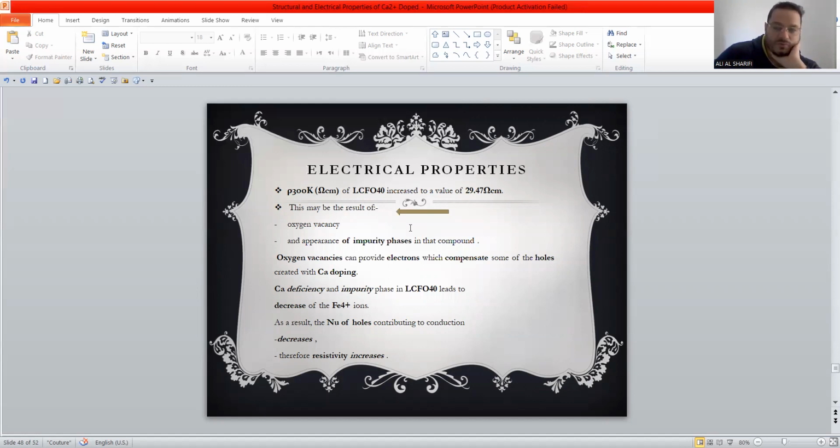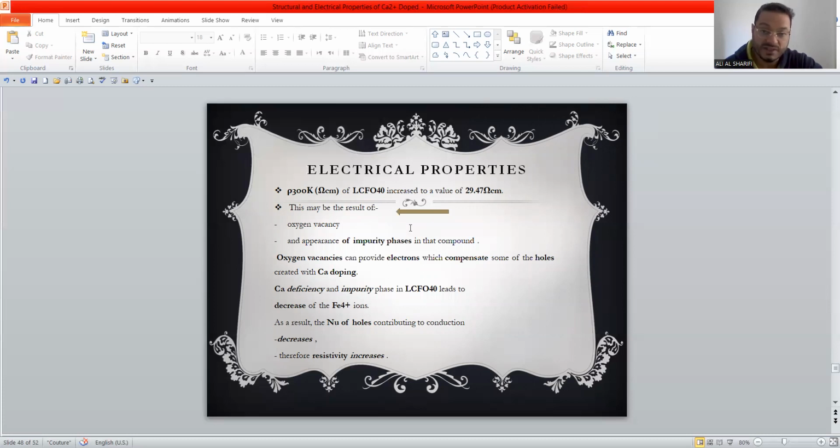This may be a result of oxygen vacancy, because it's an important element here, and the appearance of impurity phase. The impurity phase and the oxygen vacancy are two important elements in this article, in this compound, and the doping element.